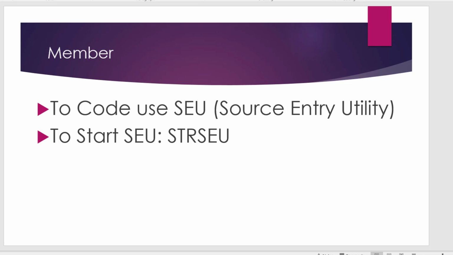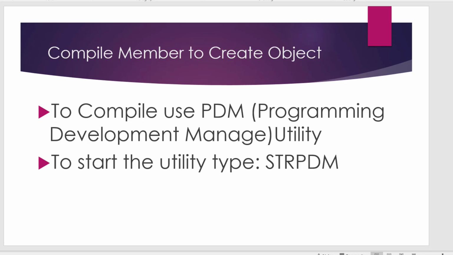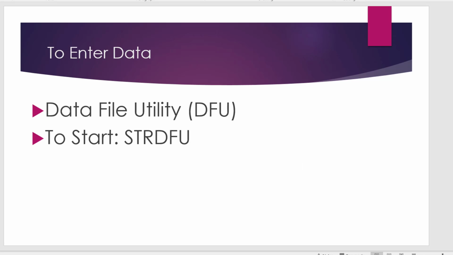We'll take you through that process. After that's done, you go to another utility called Programming Development Manager, the PDM utility. To start it, you go to STRPDM. This is where you compile your member, and upon successful compilation, it creates an object. Once the object is created, you go to DFU, the data file utility, which allows you to add data to it.